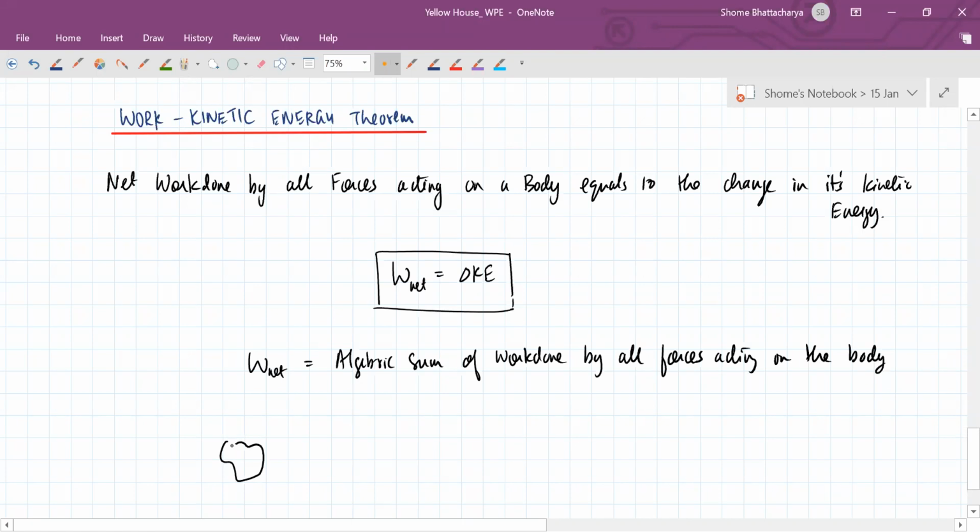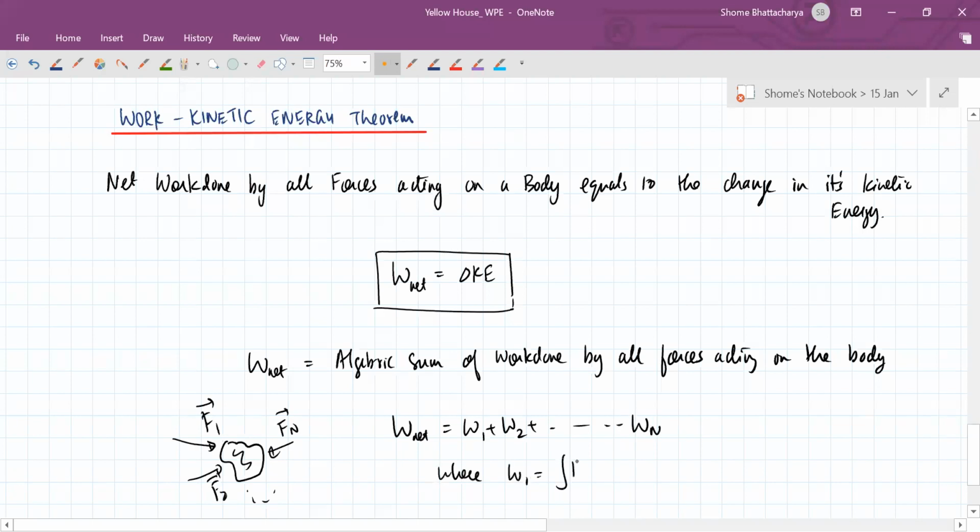So if we have a body on which there are a number of forces acting, then net work done is like this. Okay.